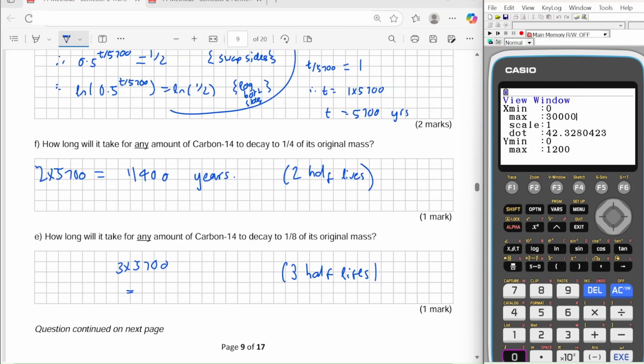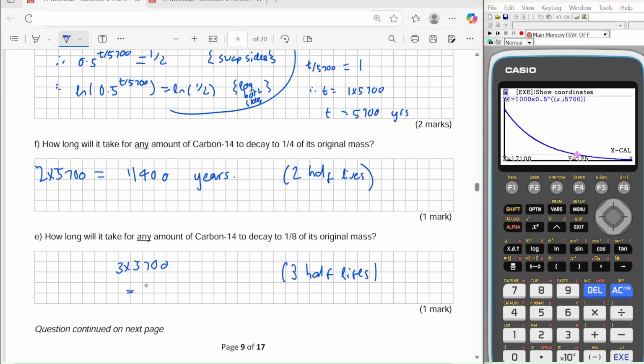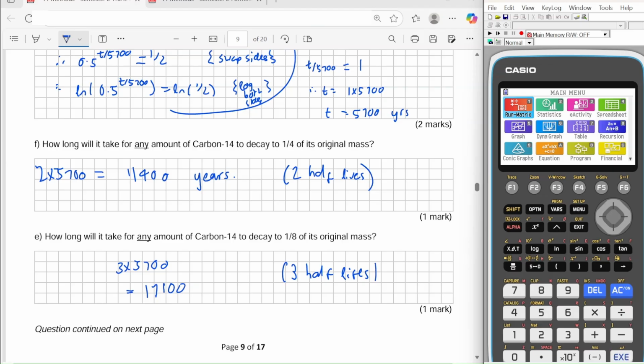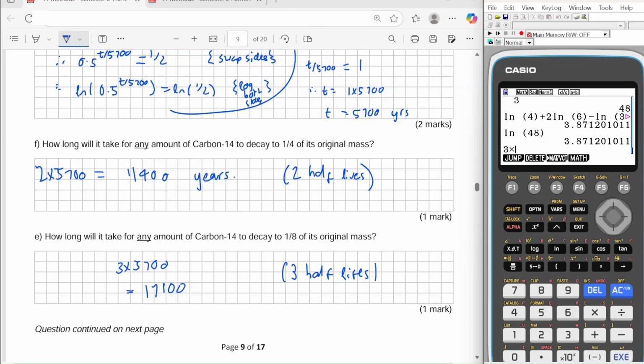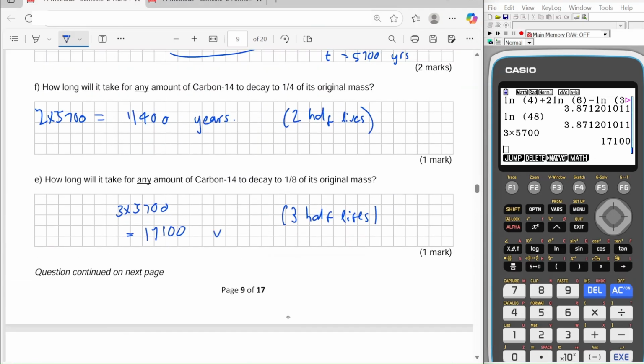So if we extend out to 30,000 years, and we go GSolve xcal for 125, you can see that it's 17,100. Let's verify that this is true. So 17,100 should be 3 times the half-life. Hey, it is, that's good. And we better give some units, so years.